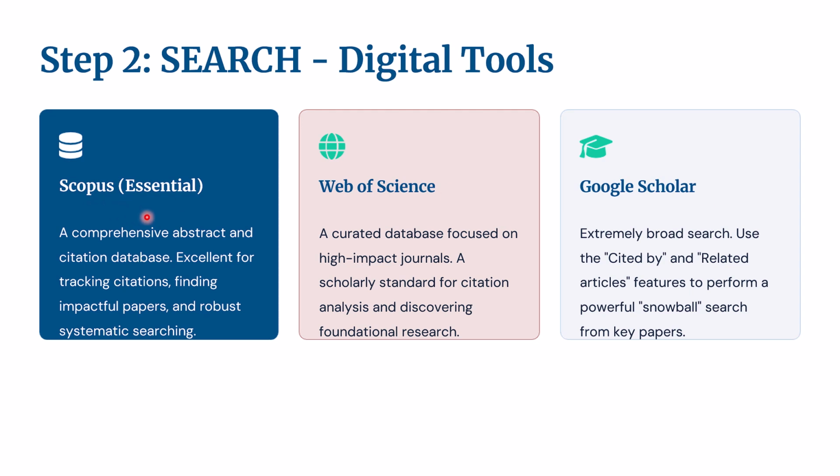Scopus, for example, is a comprehensive abstract and citation database, excellent for tracking citations, finding impactful papers, and robust systematic searching. Web of Science is also very similar to Scopus. And we have also Google Scholar.